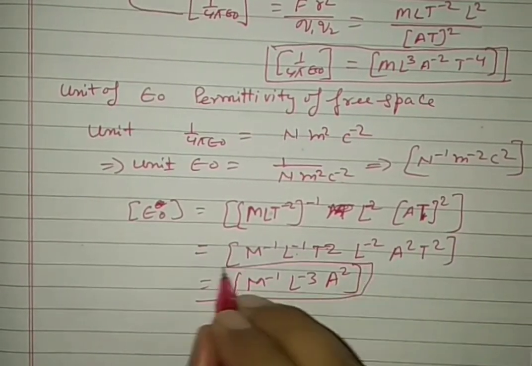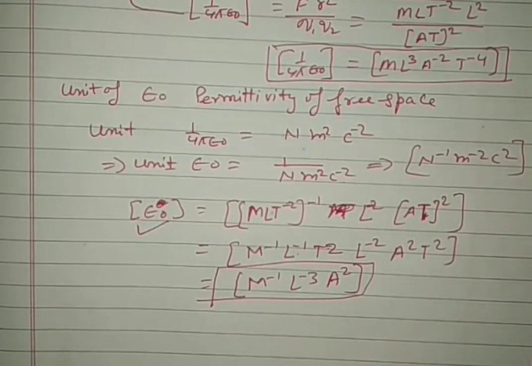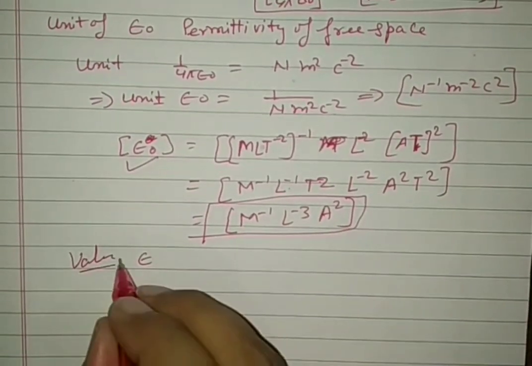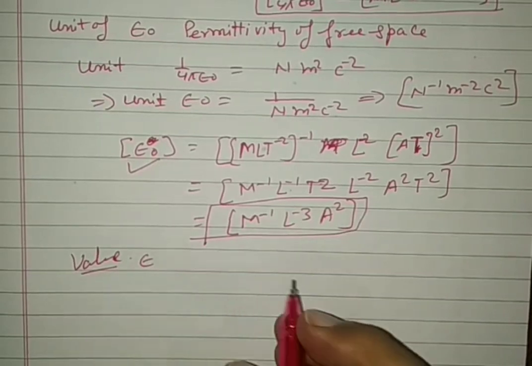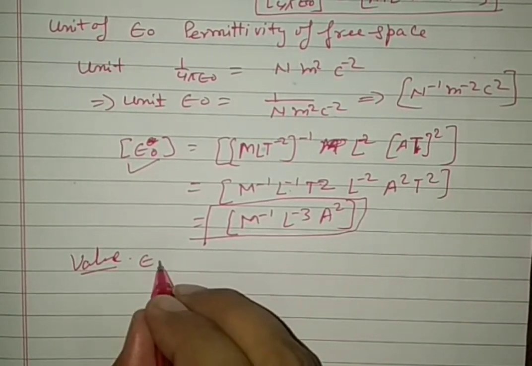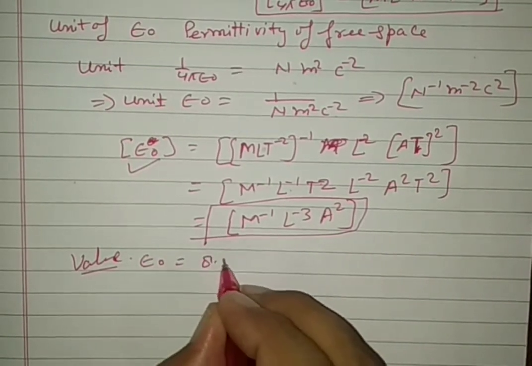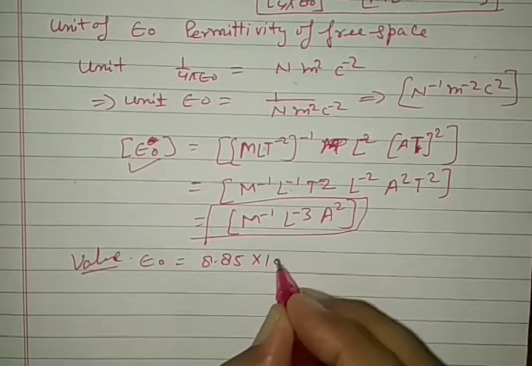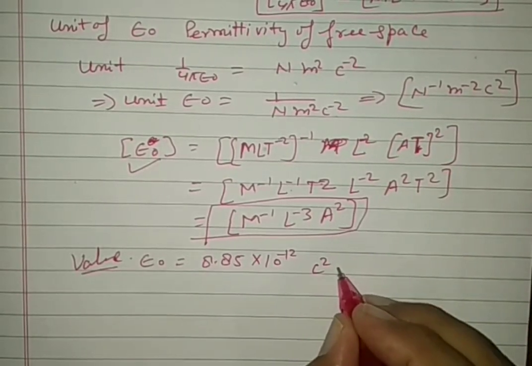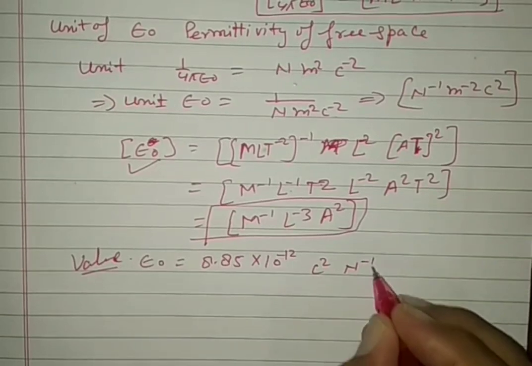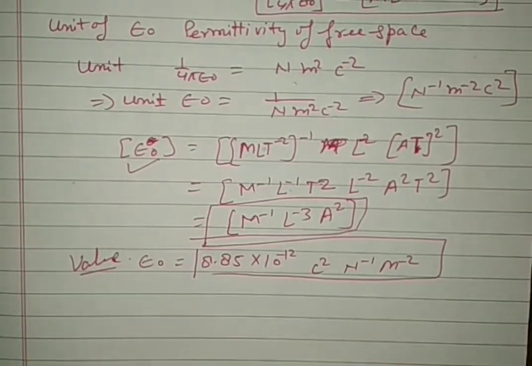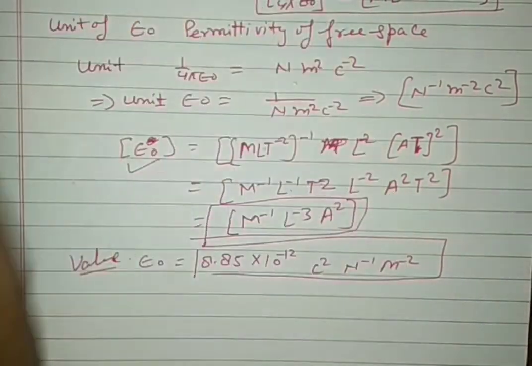So this is the dimensional formula of epsilon 0, and its value we have seen: 8.85 into 10 to the power minus 12 coulomb square Newton inverse meter to the power minus 2. This is the unit. So these are the mathematical calculations regarding this.